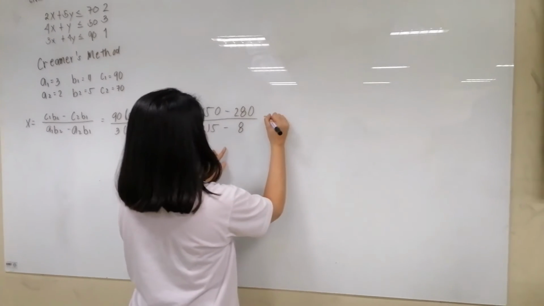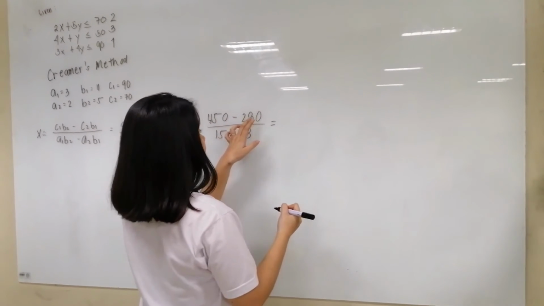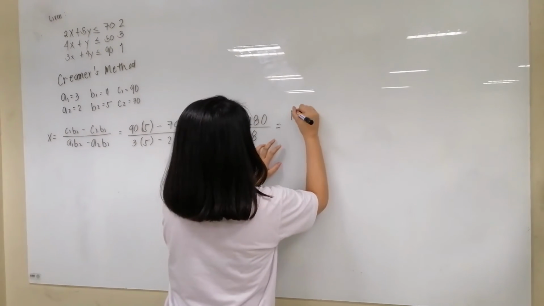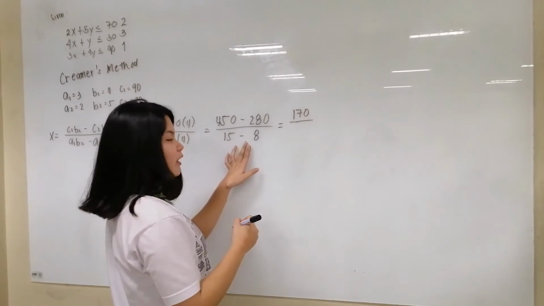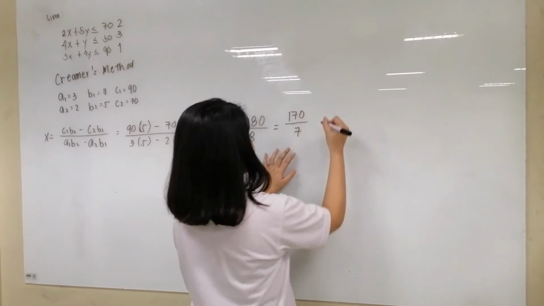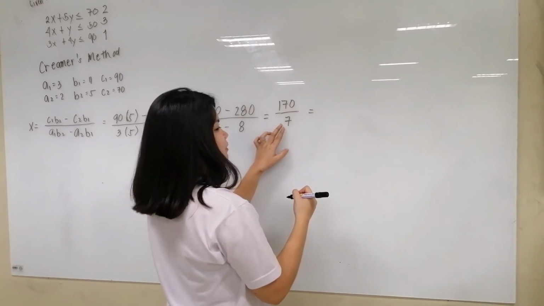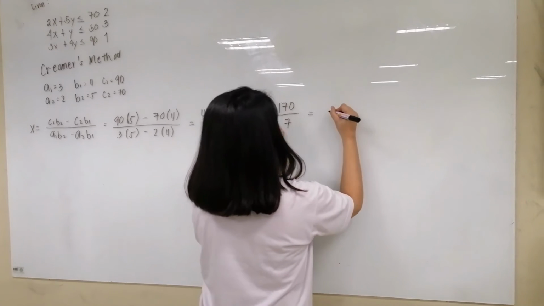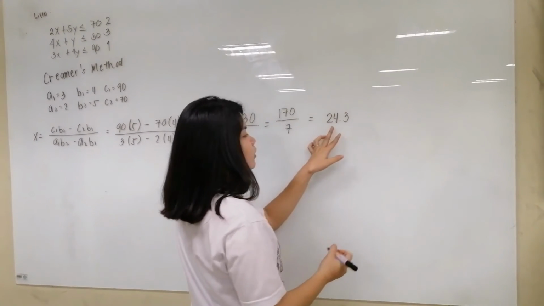Next, 450 minus 280 is equal to 170. 15 minus 8 equals 7. Next, 170 divided by 7 equals 24.3, or 24.